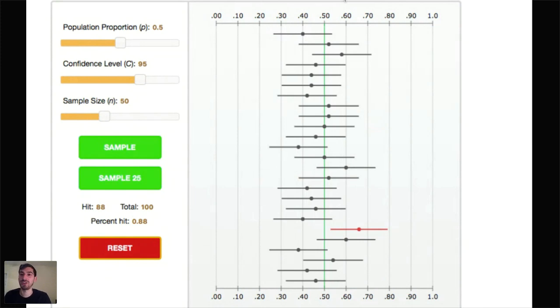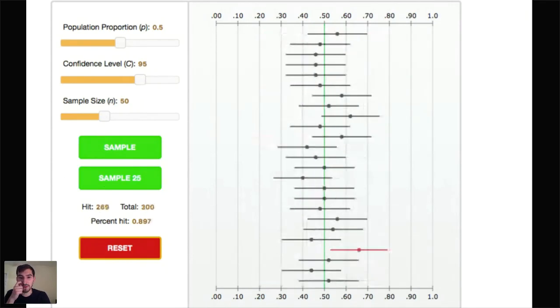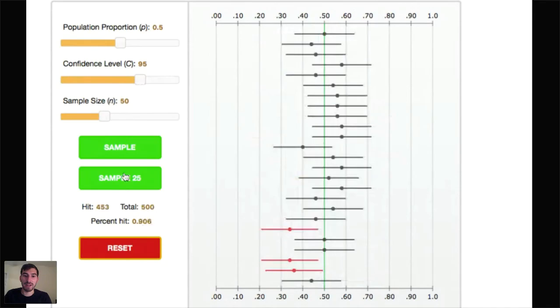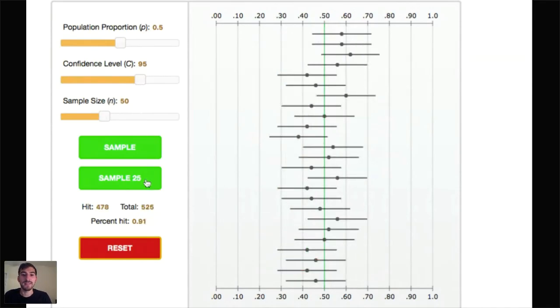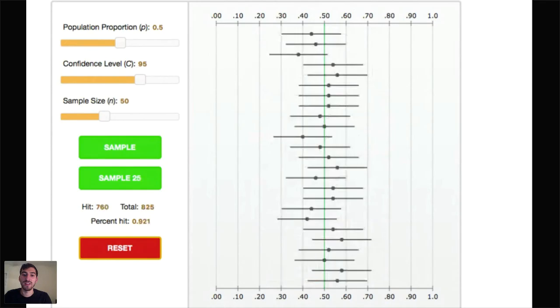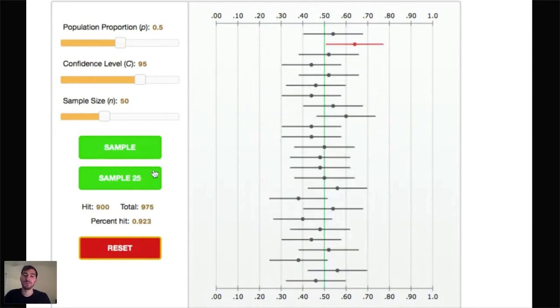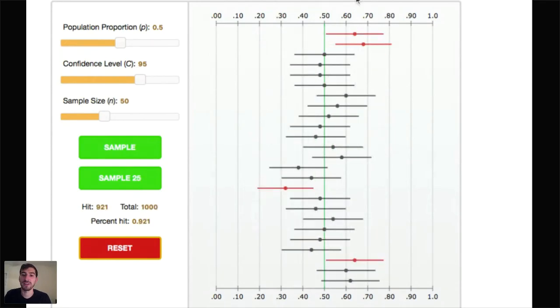I did this simulation earlier today with one of my classes, and we weren't this low ever, actually, with 95%. In fact, if I keep going, you can see I'm now at 500 trials, and I'm over 90% accuracy. Eventually, in the long run, this is going to get closer and closer to 95%. 1,000 samples in, 921 of my intervals have contained the correct answer. So I'm getting closer to that actual capture rate, if you will.